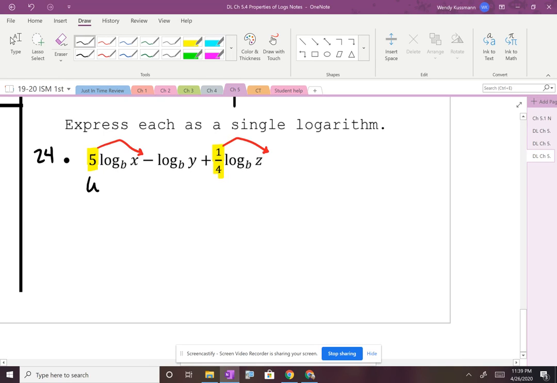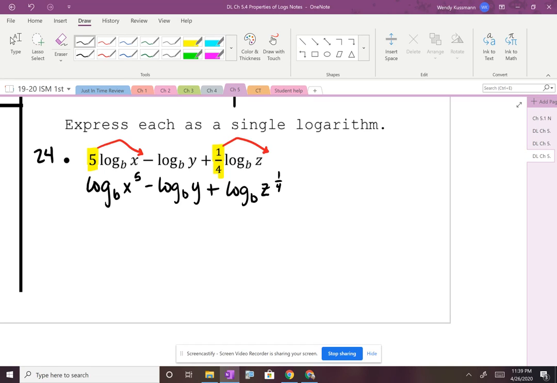So this gives me log base b of x to the 5th minus log base b of y plus log base b of z to the 1/4 power. Now we can use the quotient and product properties.